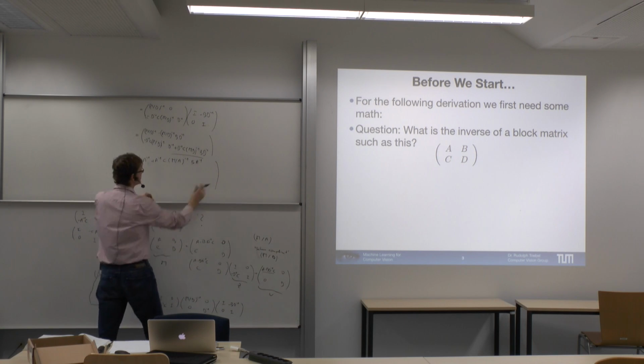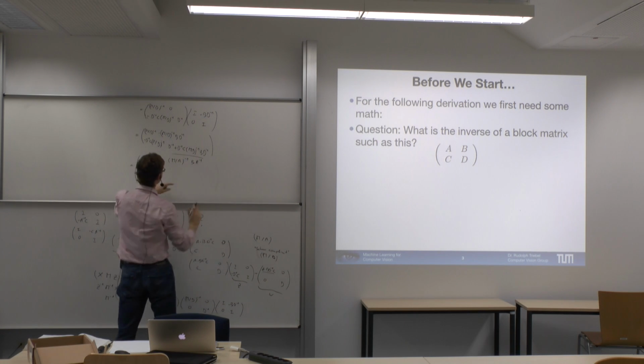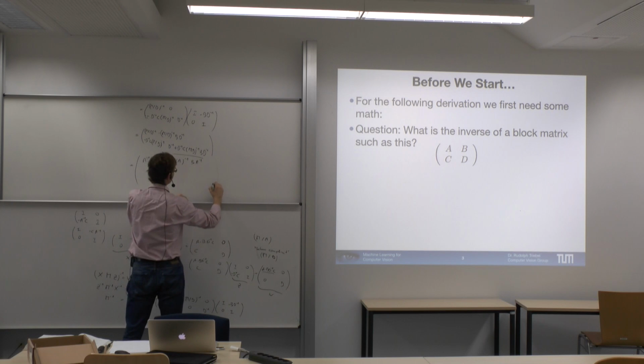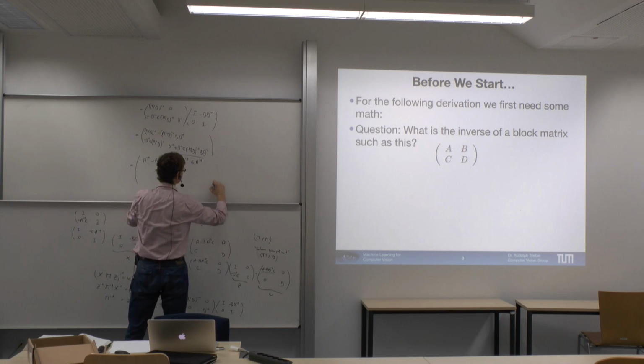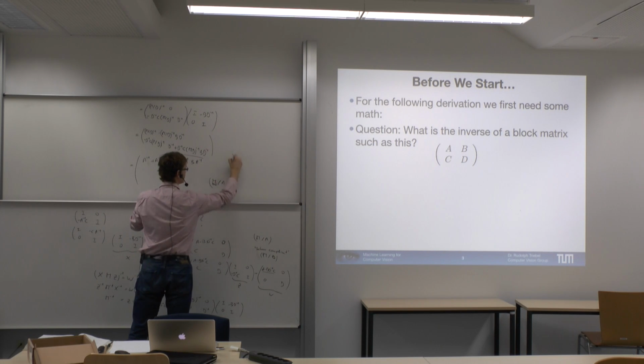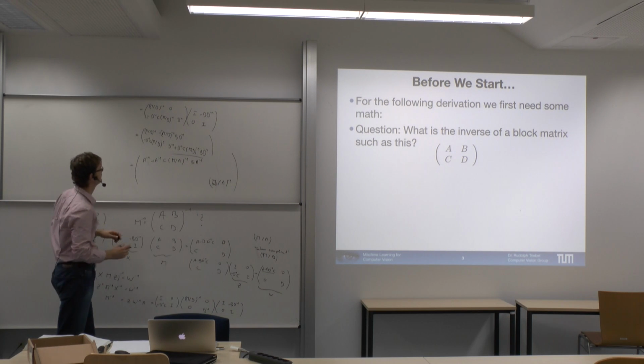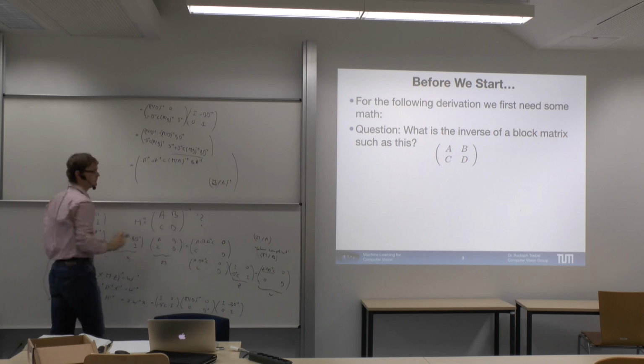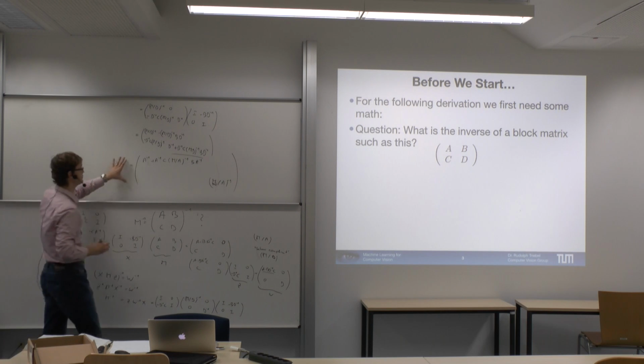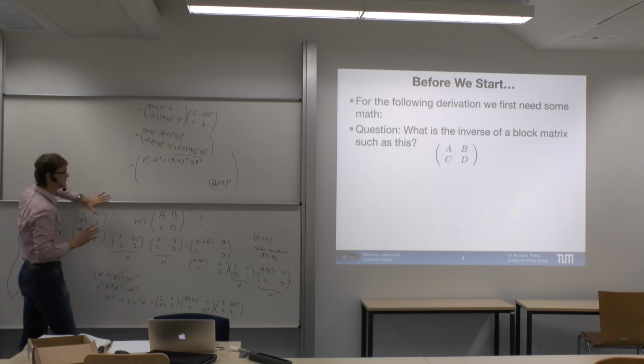And importantly, on the lower right we would then have M, the Schur complement of M with respect to A, and the inverse of it, right? And of course, these terms are very similar. I'm not writing these terms right now. This is just for you to understand that there are two ways of doing that.